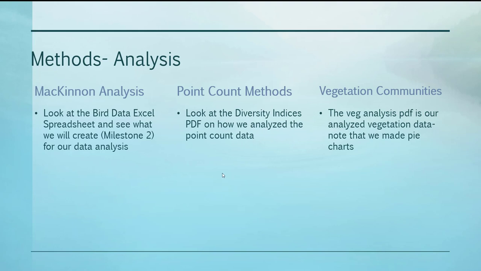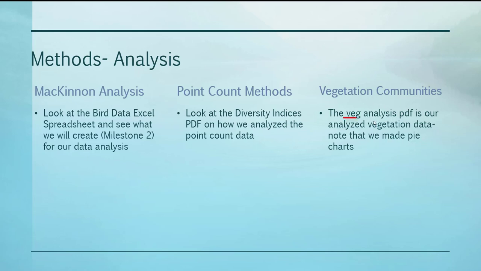Okay. And then the final piece of data we analyzed, well, I'm using that in quotation marks, is the vegetation communities data. So again, in the data collection methods, we talked about how we took the actual GIS data from the website, and then we took that data and we created pie charts from it.